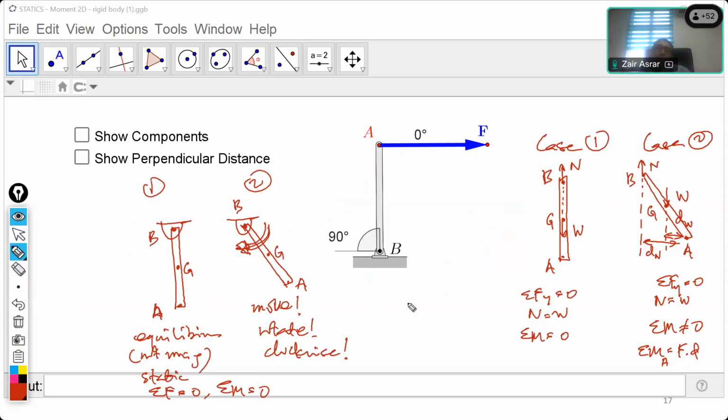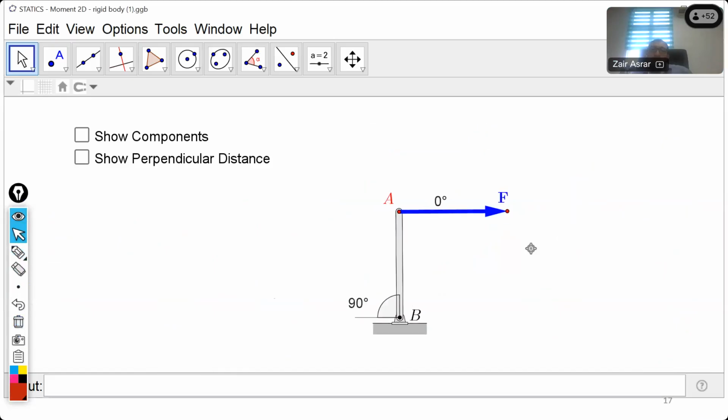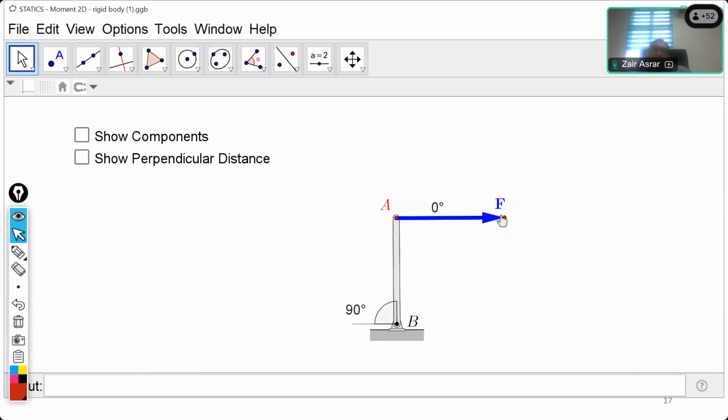Now I can change the direction of this force in an arbitrary direction. So let us look into that. I can orient the force at any angle that I like, for example, for no reason, at 35 degrees.